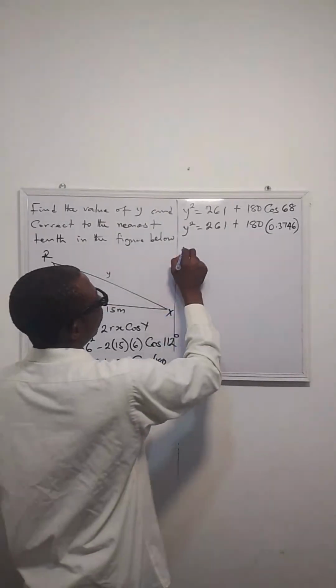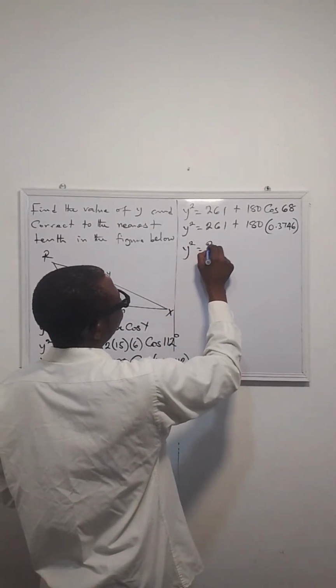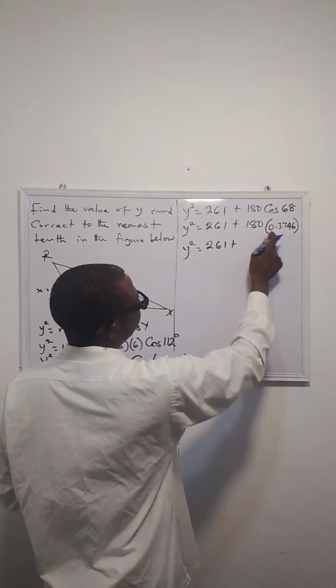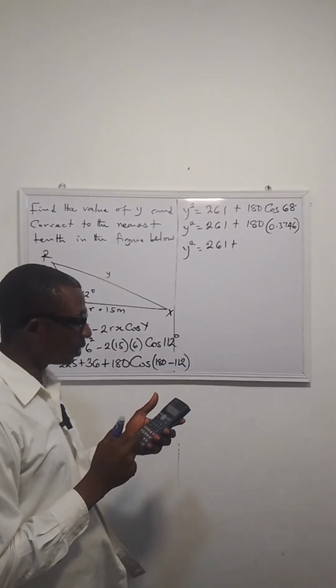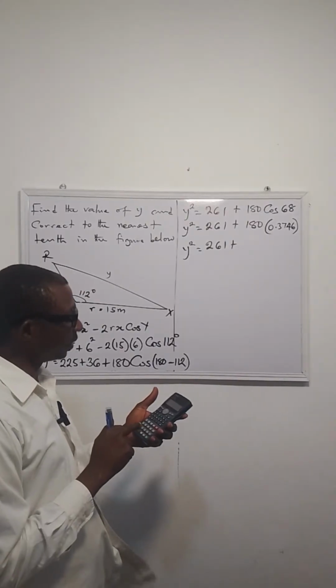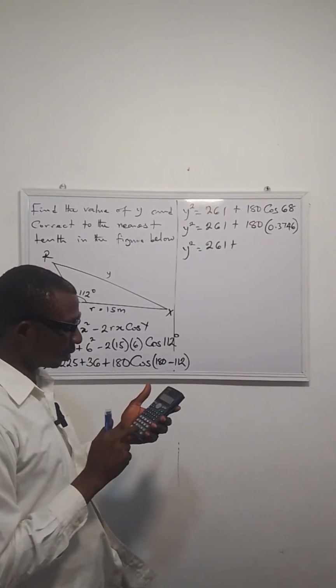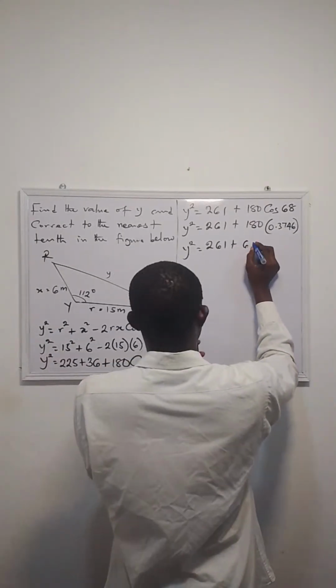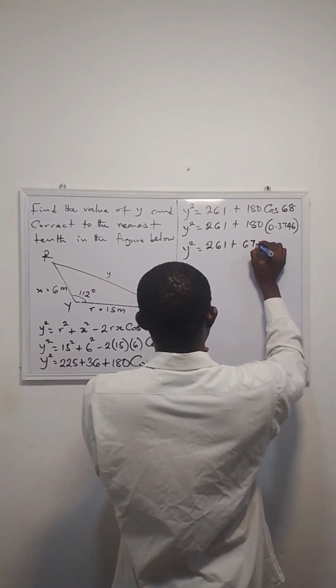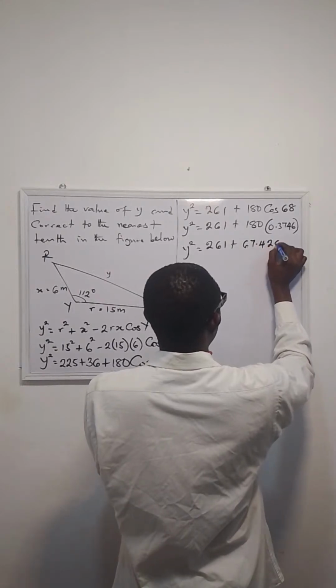So we have y squared equals 261 plus, now you use this to multiply this. What do you have? 180 times 0.3746. We have 67.428.